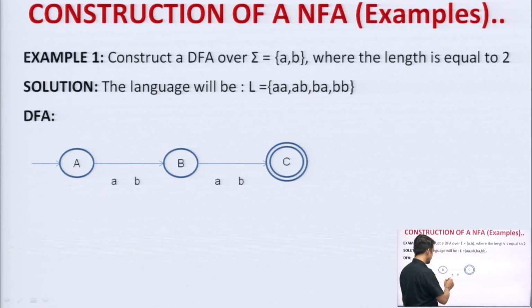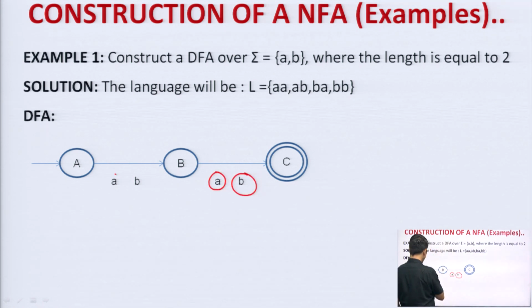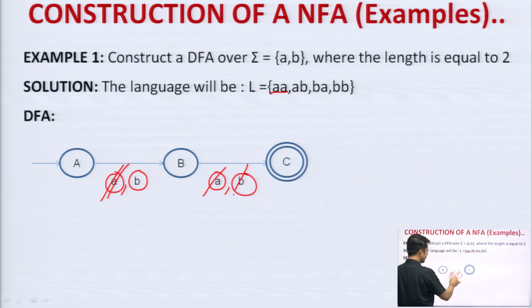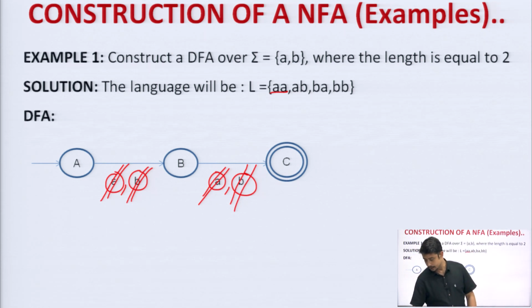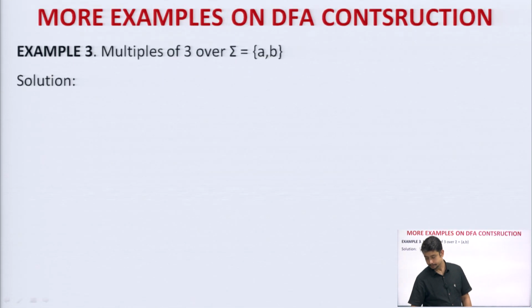So, that means overall I got A, AB, BA, BB, okay, where A means A, AB means A B, BA means B A, BB means B B. Okay, we got all the transitions done. Got it. Next comes the next question.